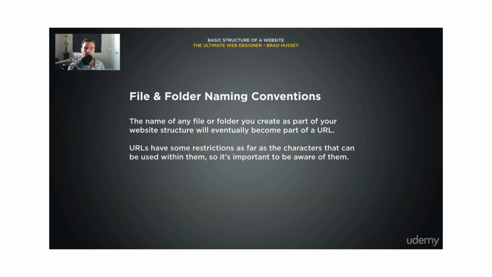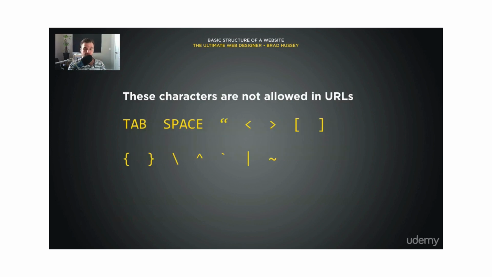The name of any file or folder you create as a part of your website structure will eventually become part of a URL. URLs have some restrictions as far as the characters that can be used within them. So it's important to be aware of them. These characters are not allowed in URLs: things like tabs, spaces, brackets, curly braces, backslashes, things like that.